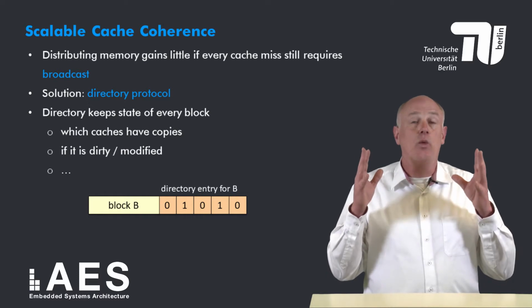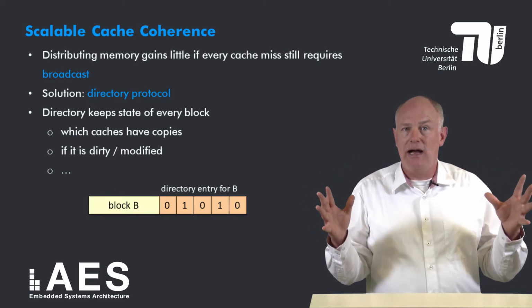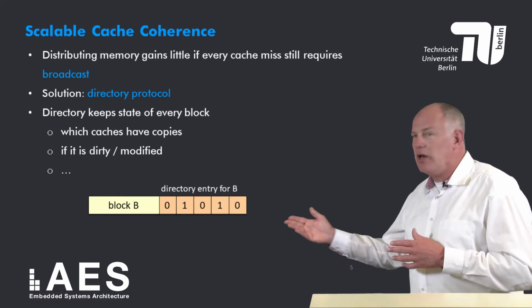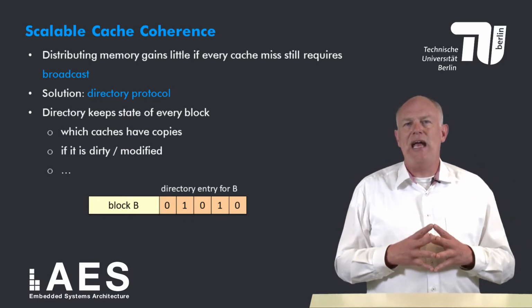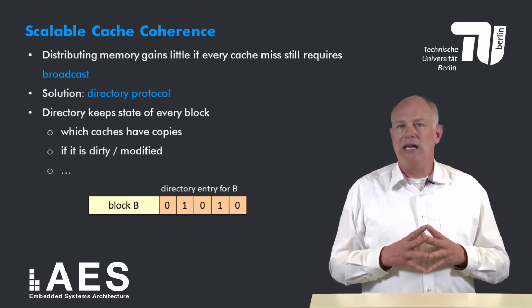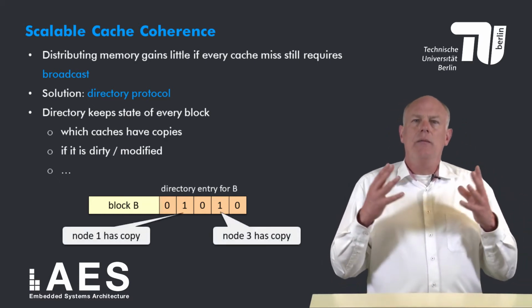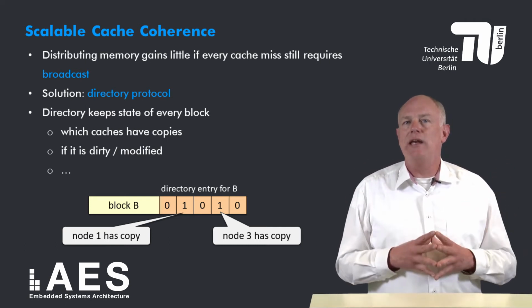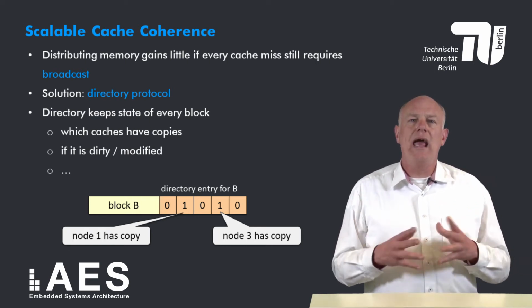It indicates which caches have a copy of the block, if it is dirty or modified, and maybe some other information. The example at the bottom of this slide illustrates what the directory entry for a certain block B might look like. In this example, the directory entry indicates that both node 1 and node 3 have a copy of this block, while node 0 and node 2 don't.